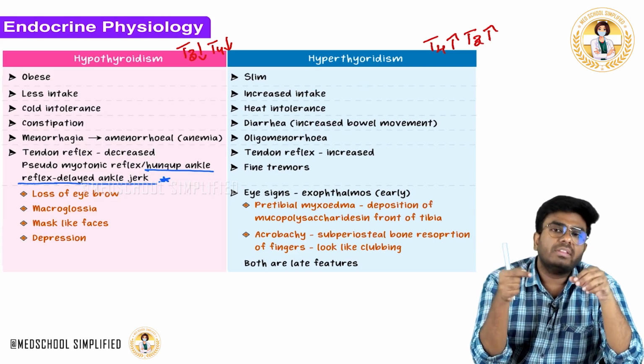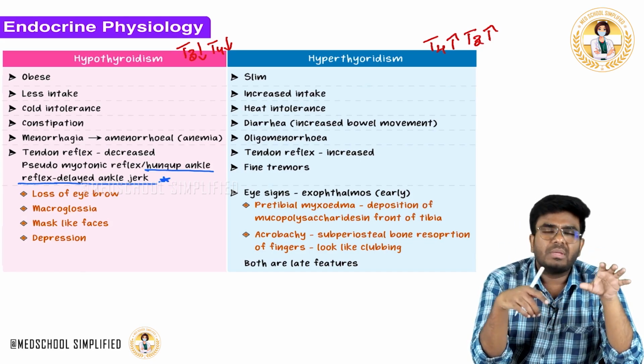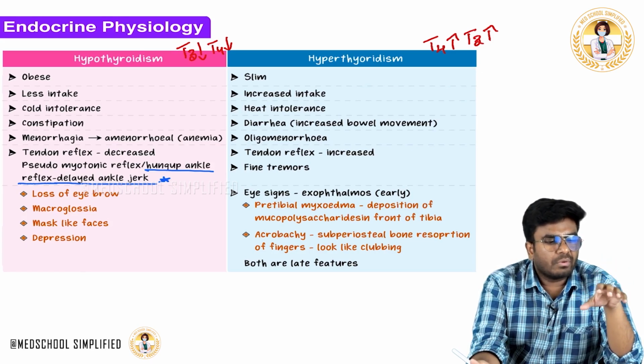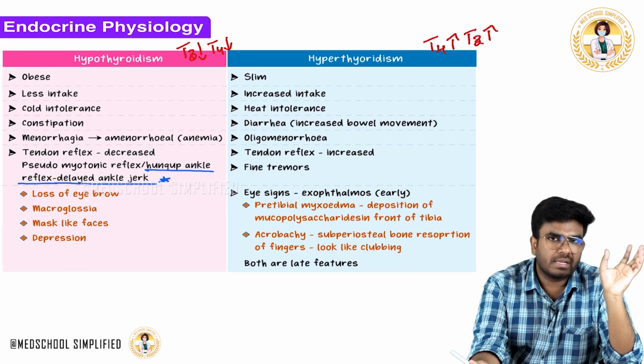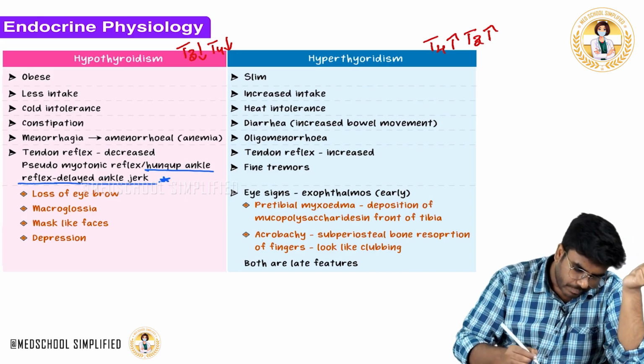Now in hypothyroidism, because of the deposition of glycosaminoglycans over there and all the other changes, the reflex is going to be hampered. There will be a jerk, and it is going to come back very slowly. So this is the hung-up ankle jerk.